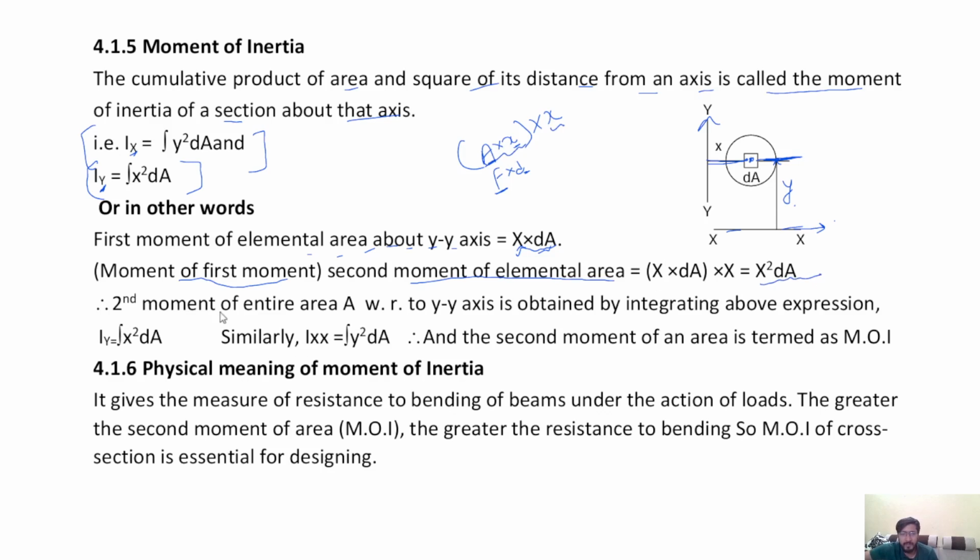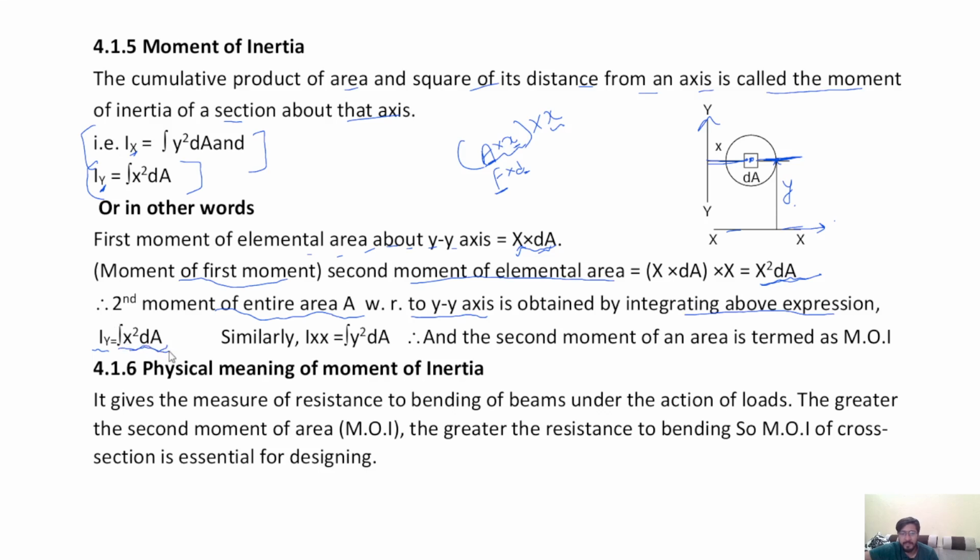So the second moment of the entire area A with respect to the y-axis is obtained by integrating the above expression. That means this x squared dA is the second moment of elemental area, and integrating it we calculate Iy equals integration of x squared dA.